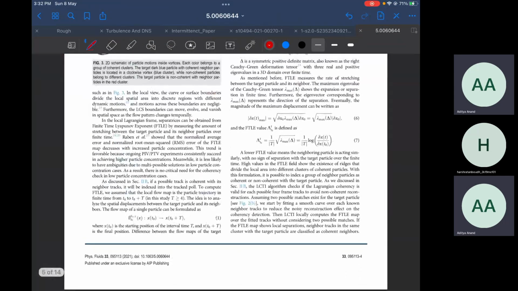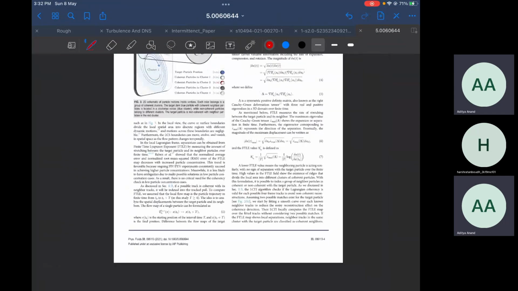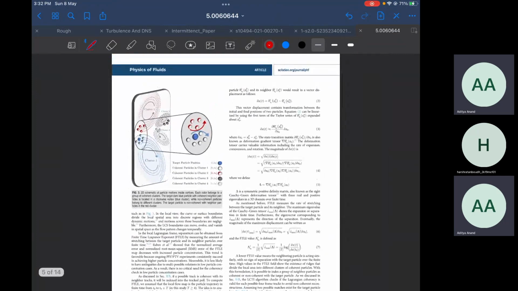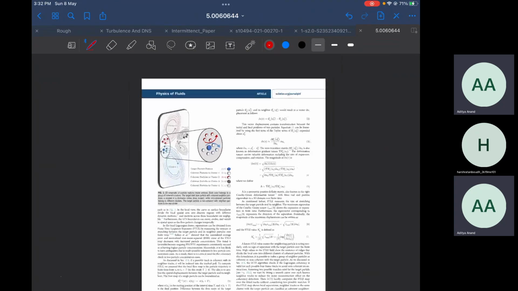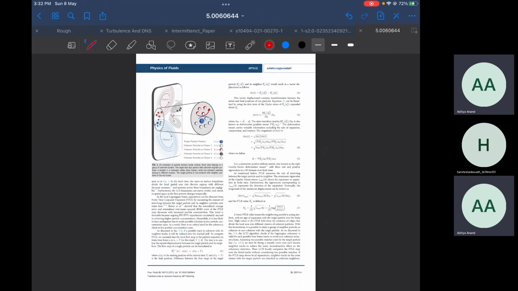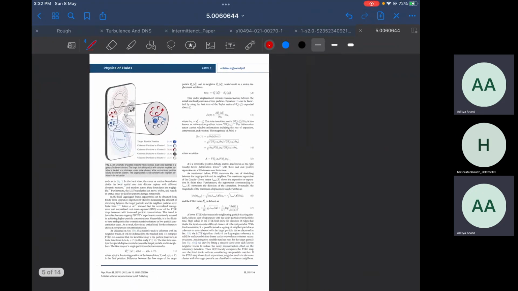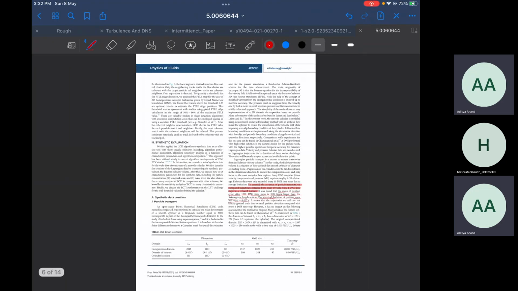You can get into the details of how it is evaluated later, but once these structures are identified, they tag these particles, and then they initiate the tracks of those particles. So they use Lagrangian coherent structures to initiate the tracking.